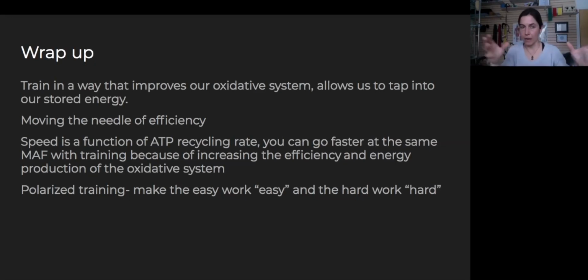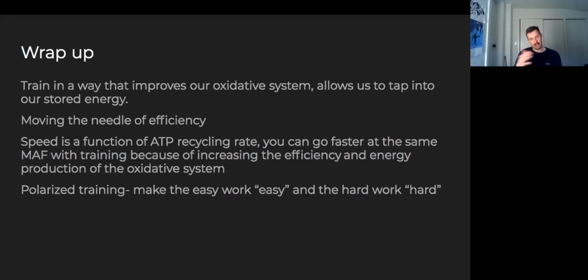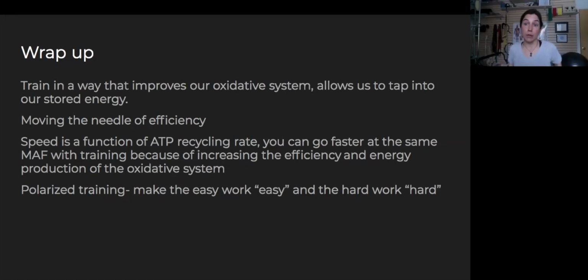But again, you're never really pushing over the MAF. And you know when you're at your MAF based on heartbeat? It's a sort of target intensity. So heart rate's one, respiratory rate is another. Do you feel like you can sustain that rate for hours and hours and hours?